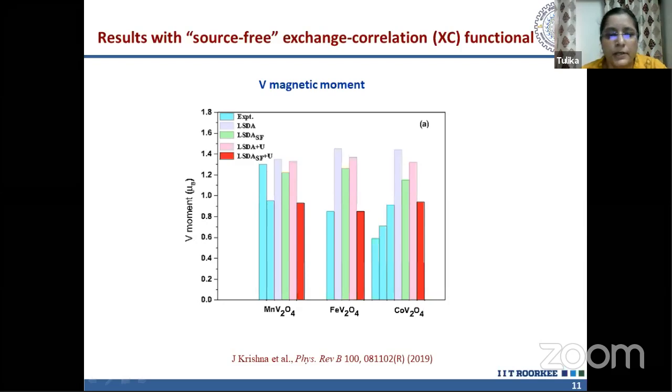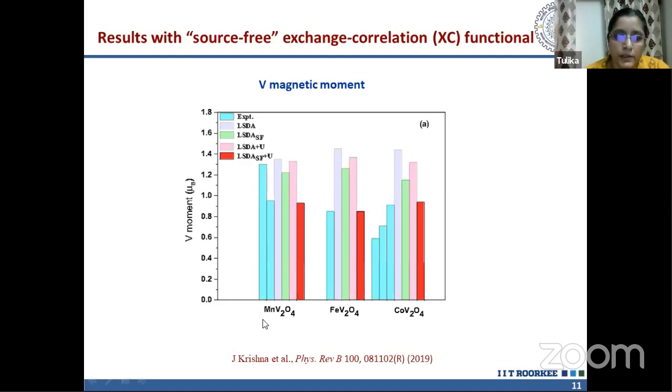So we performed calculations for all three compounds, and what we found is that this source-free exchange correlation potential calculations with U give rise to a much lower vanadium moment than the traditional DFT functional, and it matches very well with the experiment for the same U value for MnV2O4, FeV2O4, and CoV2O4.